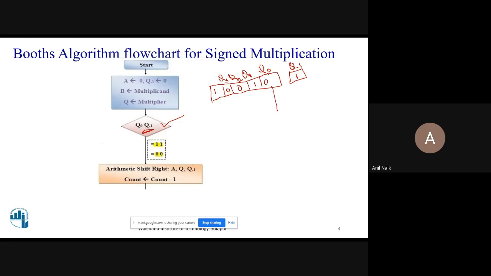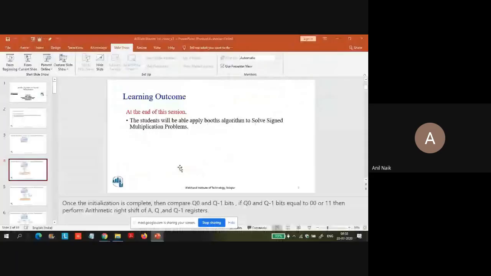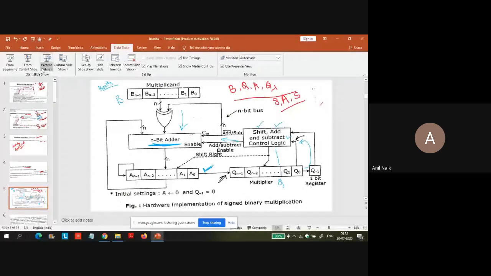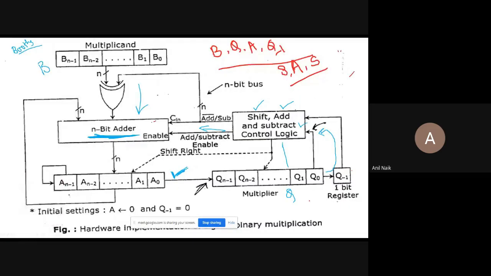So it checks the condition, it compares the value of Q naught and Q minus 1. Okay, because in the hardware implementation you can see here how the accumulator register is, and beside that the multiplier register Q naught, Q1, and the Q minus 1 bit.